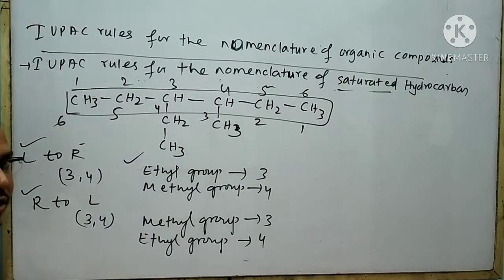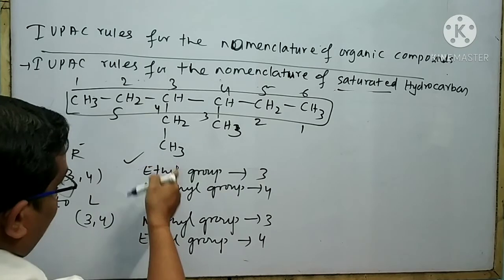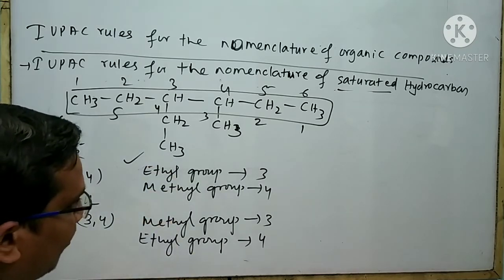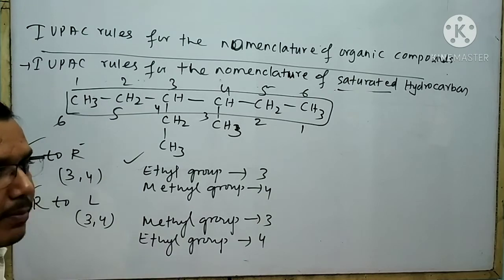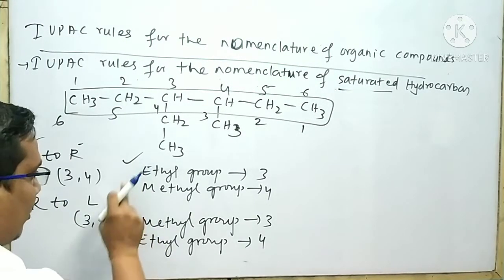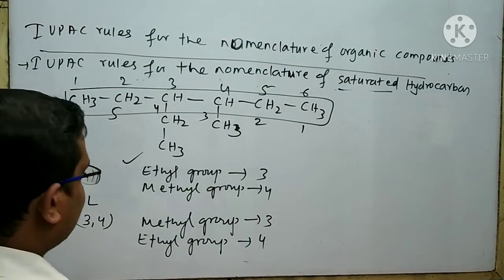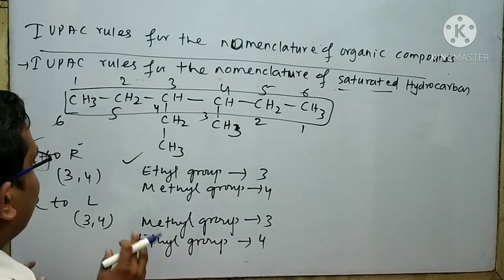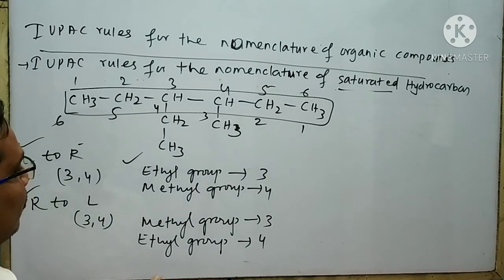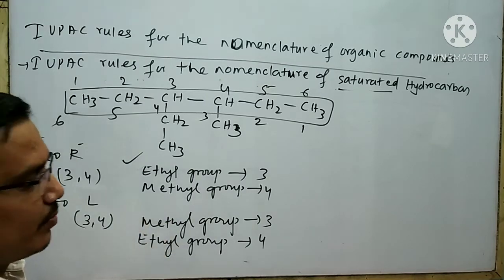That means, according to this rule, it is bound to apply the alphabetical system. According to the alphabetical order, E comes first, then M comes. So, according to this rule, it is bound to give more priority to that group which comes first.